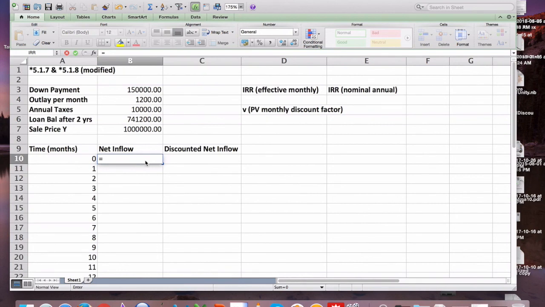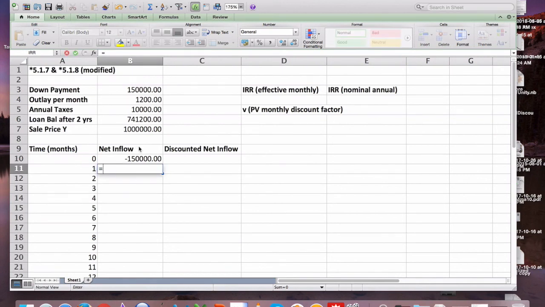Put an equal sign. That's telling the spreadsheet you want to use a formula. If I want to pull down the amount from cell B3, that's in column B in row 3, this 150,000 with a negative sign, I can type equals negative B3 here. So that's referring to the number that's in cell B3, and if I enter this, I will see a negative 150,000.